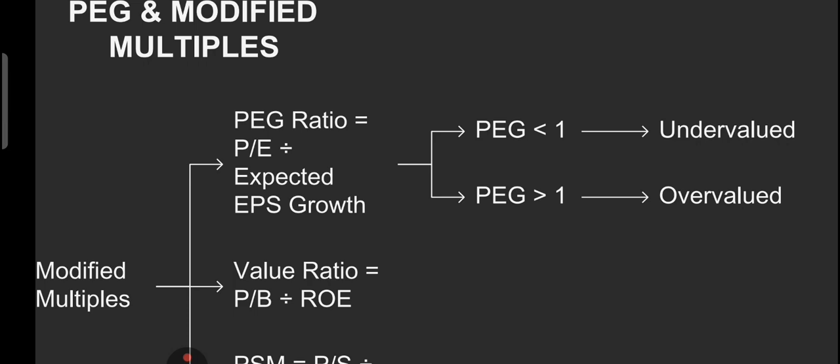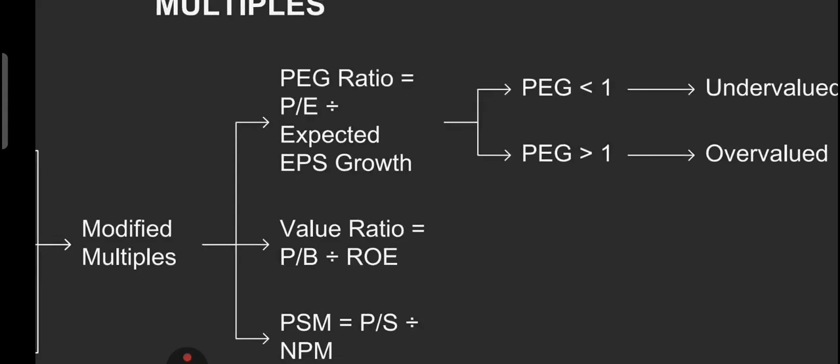If PEG is less than 1, the stock is undervalued, a potential bargain case. If PEG is greater than 1, the stock may be overvalued, so caution is required. That is called the PEG ratio.